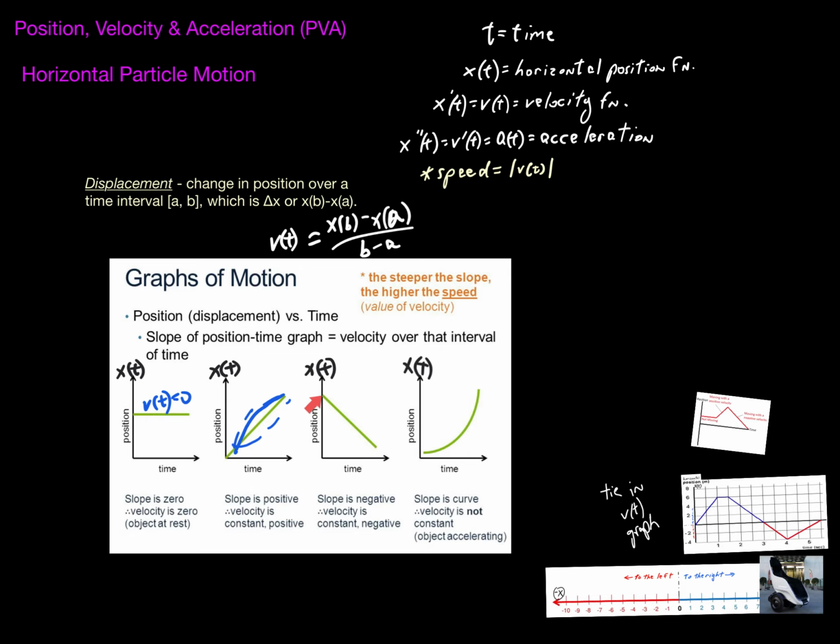If you have negative slopes, going downhill, same thing: your velocity is negative. You know that uphill is positive, downhill is negative. If you're curving, that just means you have some sort of acceleration. You're either decelerating or accelerating, depending on whether your rate of change is increasing as time goes by, or decreasing as time goes by.